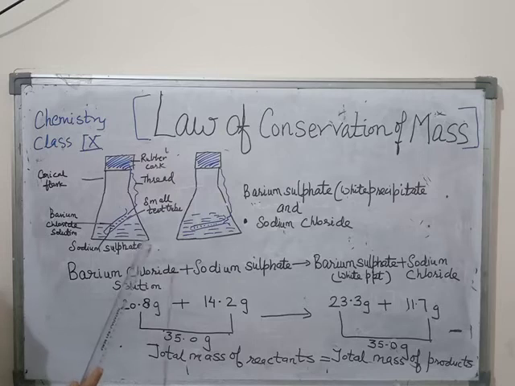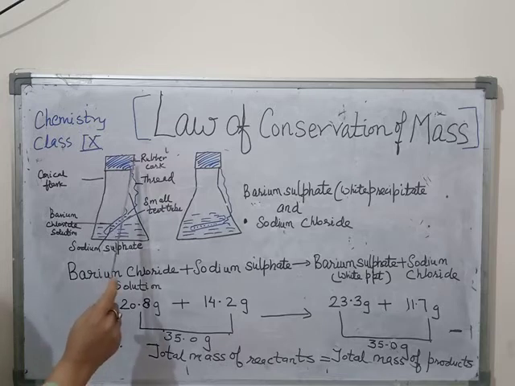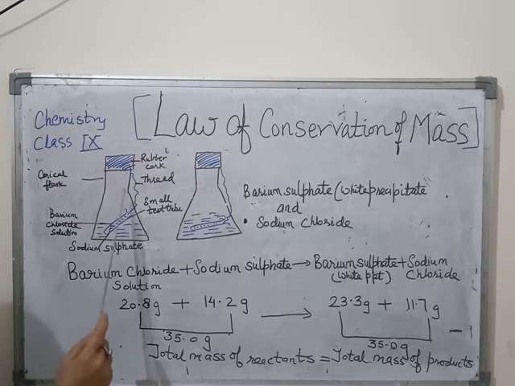Let us understand by taking the example of the chemical reaction between barium chloride and sodium sulfate to form barium sulfate and sodium chloride. For that, let us take apparatus like a conical flask with a rubber cork, and a test tube having a thread tied to the mouth of the conical flask.